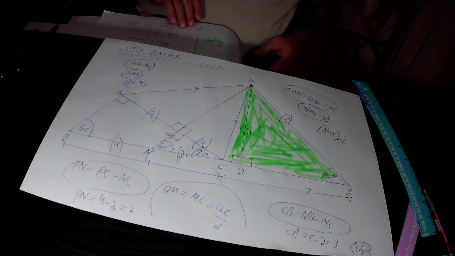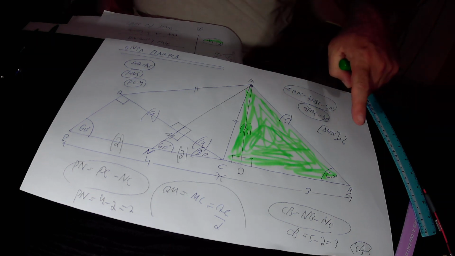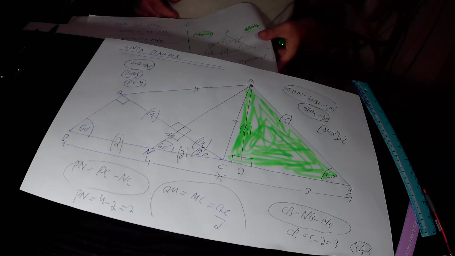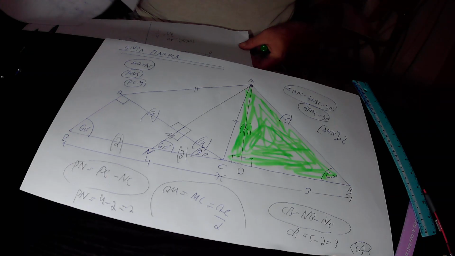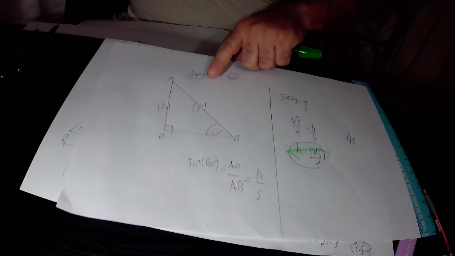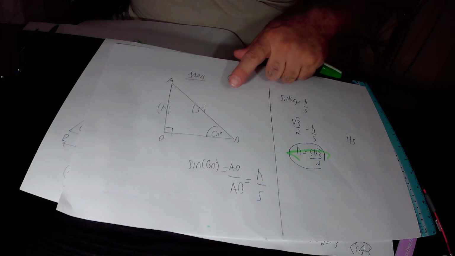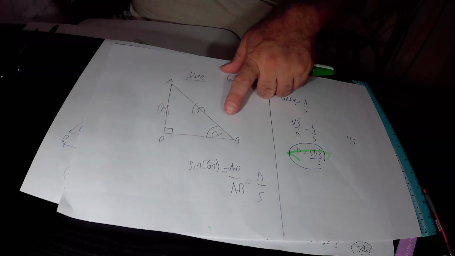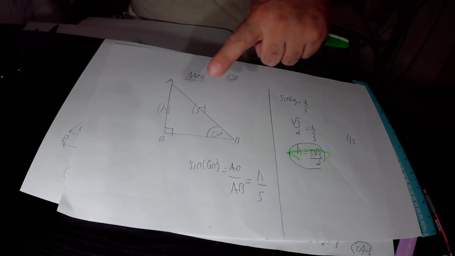In the next step, I copied the right triangle AOB in a new page, and we analyze this right triangle AOB. This is the right triangle AOB that I copied from the original drawing. In this triangle, sine of 60 degrees equals AO over AB.